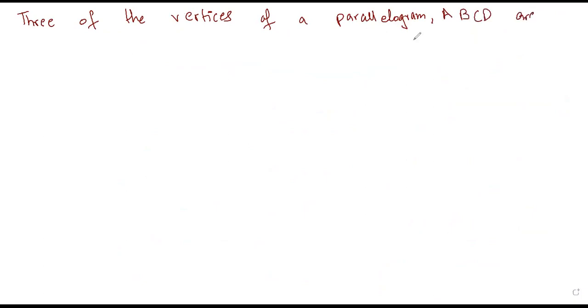So we know three of the vertices of a parallelogram A, B, C, D. A vertex is minus 5, minus 1. B is minus 1, 4. C is 6 and minus 2.